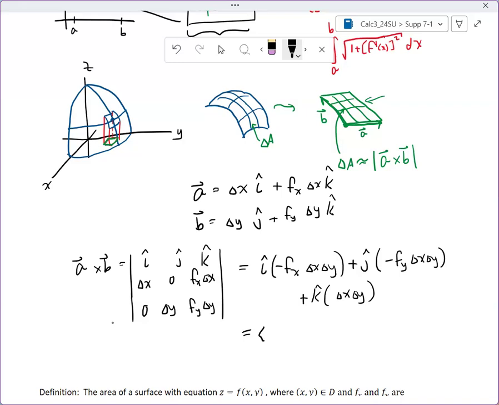Or this is just the vector minus fx, minus fy, 1 times delta x delta y, or times delta A if you prefer to write it that way, a little chunk of area in the xy plane.